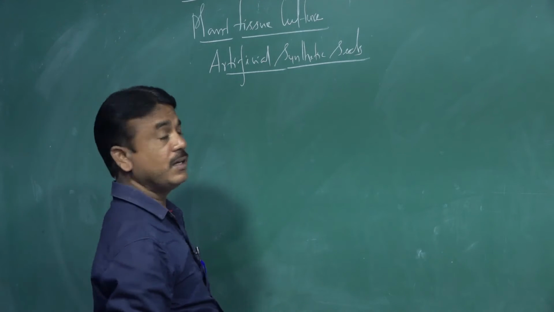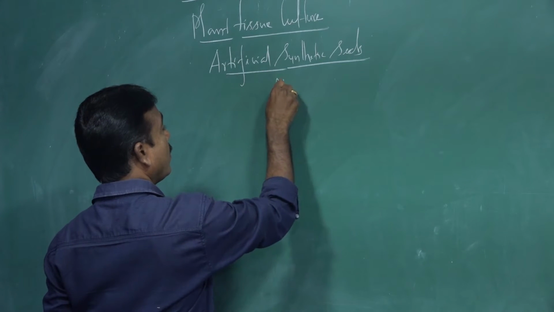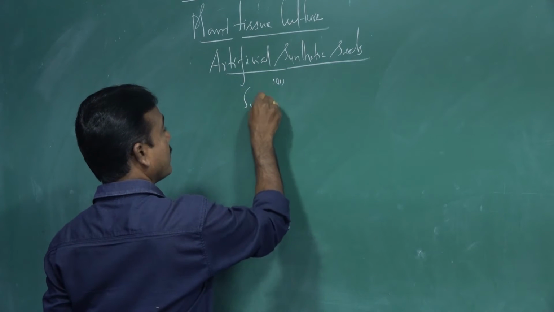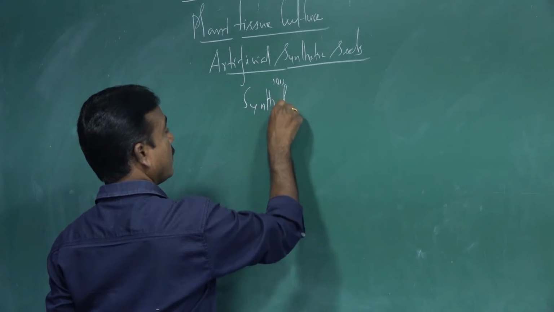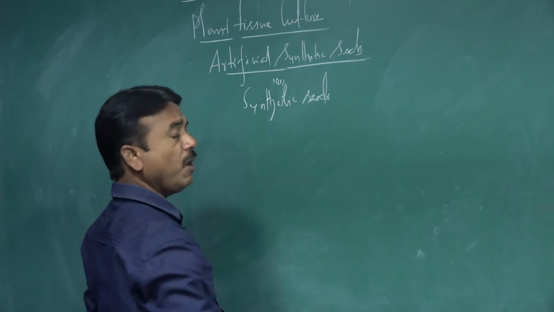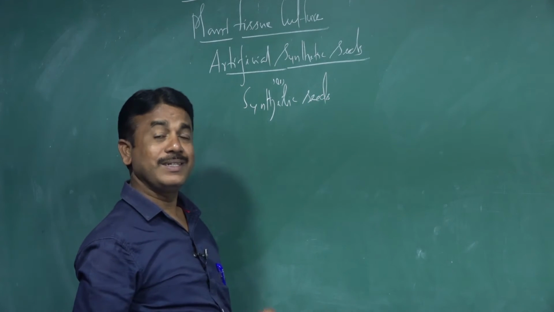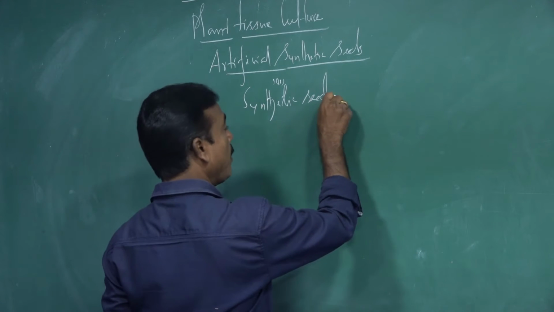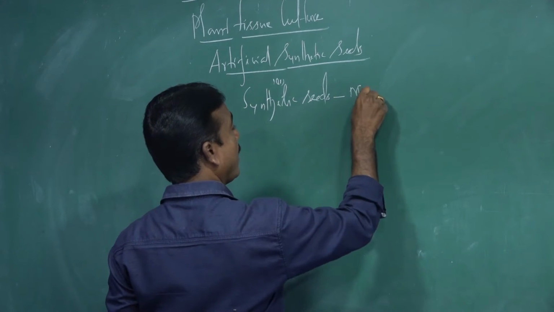Artificial seed is also called synthetic seed. Why is it considered a synthetic seed? Because the seeds are made by human beings, so they are also called man-made.